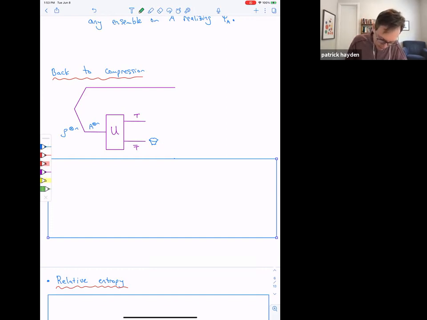Let's introduce the channel that goes from the input to the compression. We'll call that C. It's both channel and compress. And we can choose any purification we want for rho tensor n. So let's just call the purification phi rho tensor n, and it's on n copies of the reference and n copies of A.